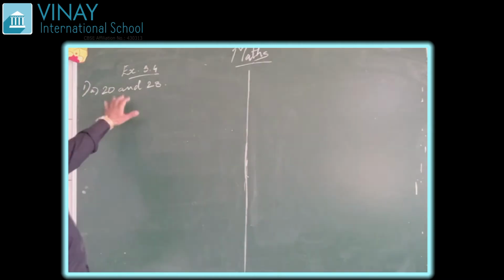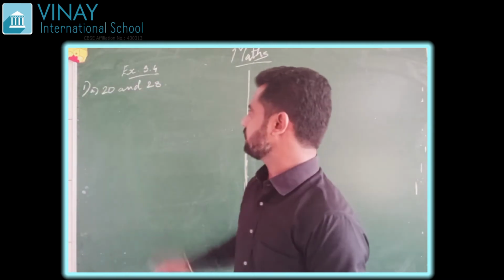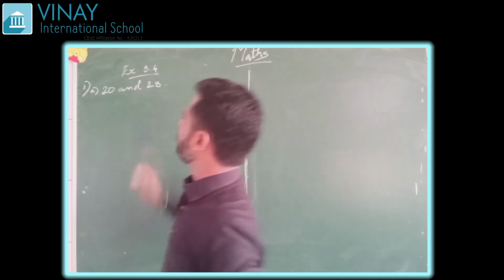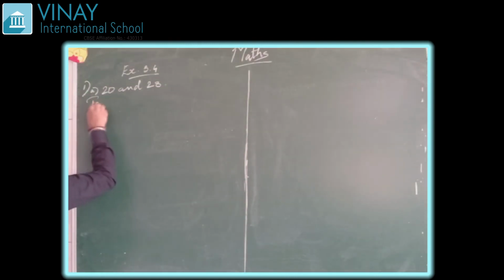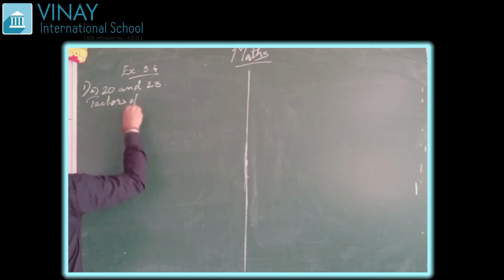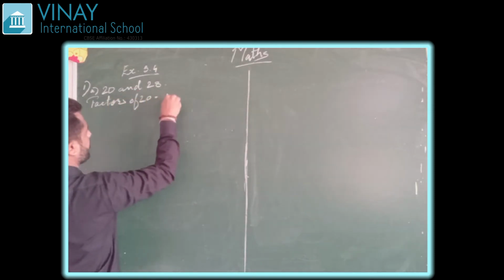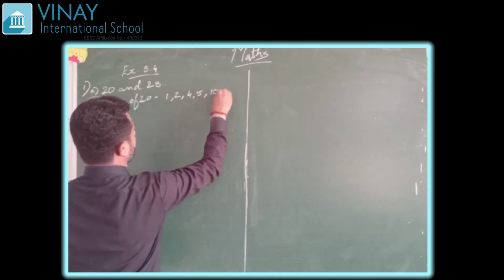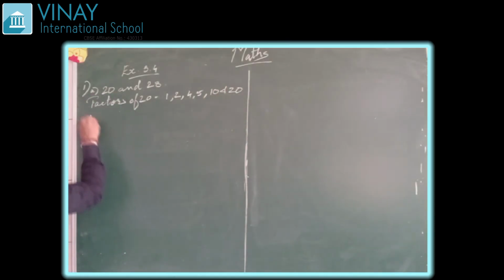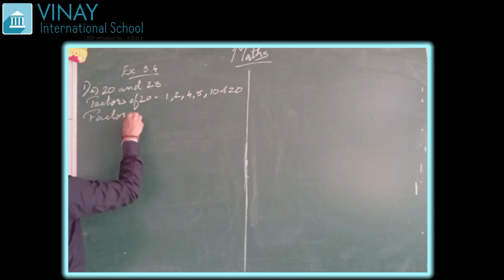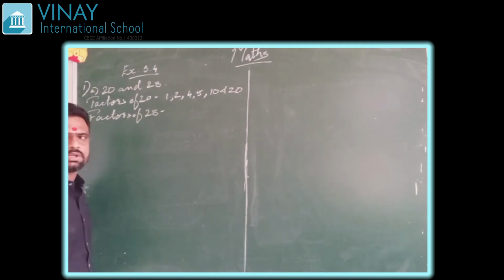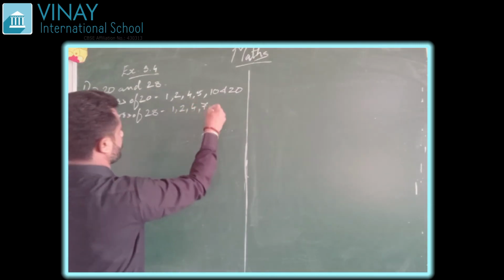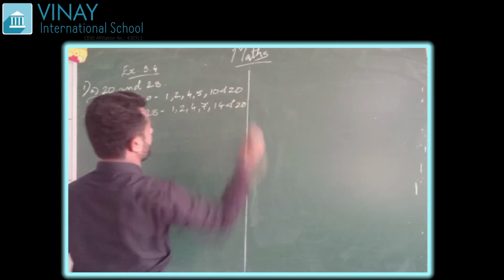Now let us start exercise 3.4. The first question is find the common factors of 20 and 28. To solve this, first we need to find the factors of 20, that is 1, 2, 4, 5, 10 and 20. Then factors of 28 are 1, 2, 4, 7, 14 and 28.